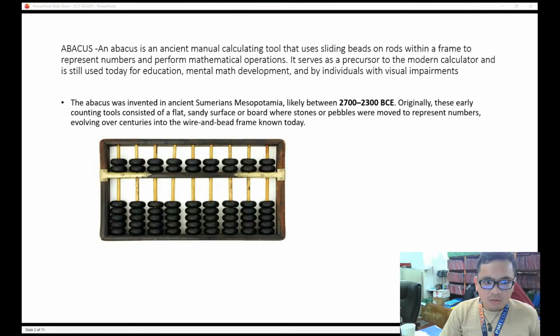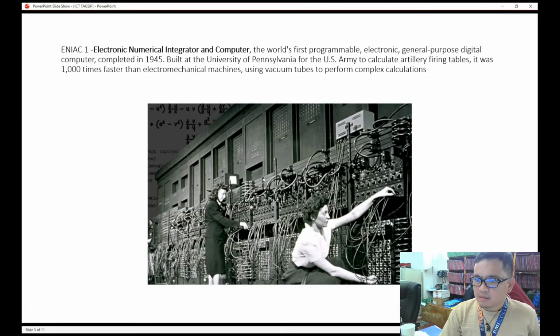Next, I would like to discuss the first computer. But before the ENIAC, the Electronic Numerical Integrator and Computer, there were early computers.